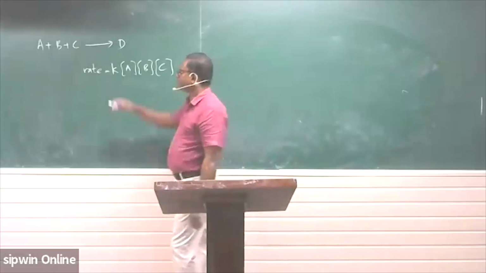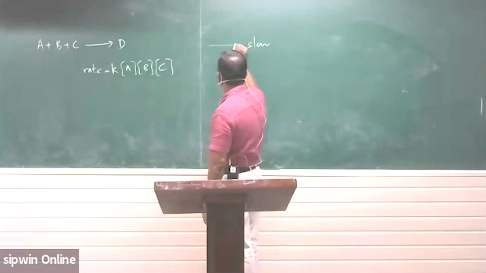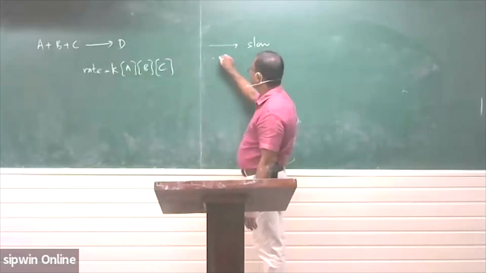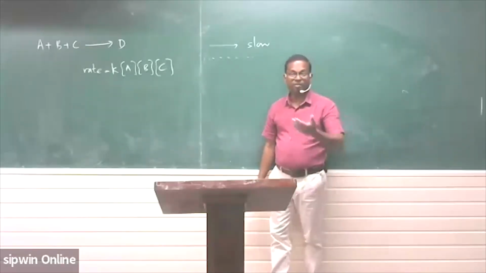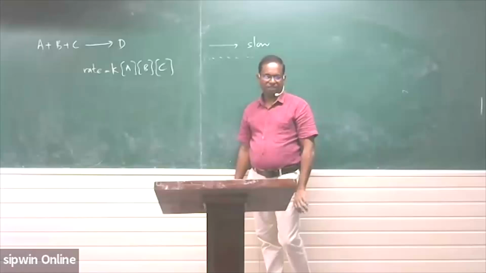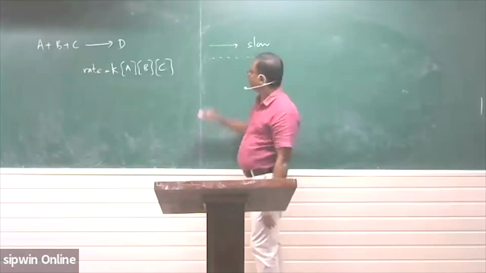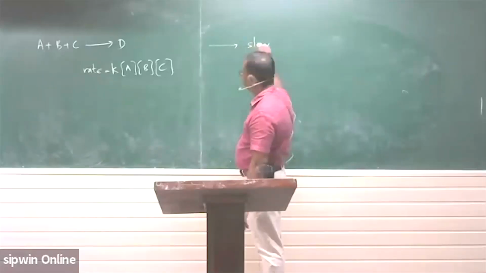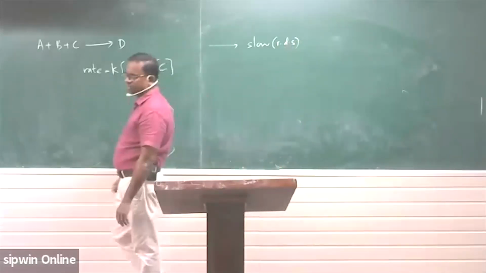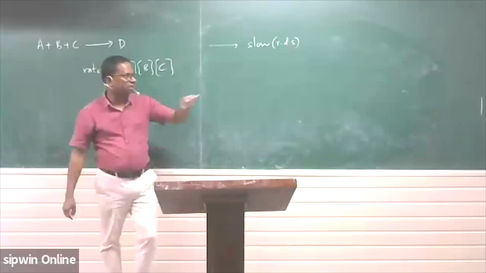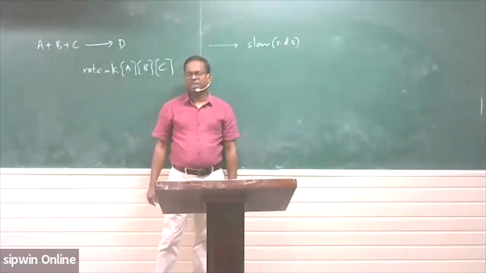Say for example, a slow step happens, and after the slow step, in a fast step, a certain component very rapidly completes. The time taken to complete that fast step is negligible. If in a mechanism, after the rate determining step, some component takes part in another fast reaction, its effect on the overall rate is negligible.